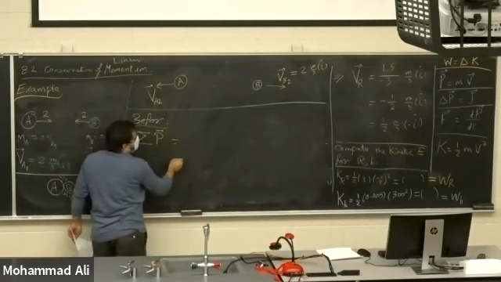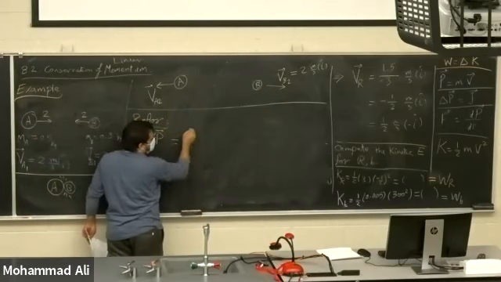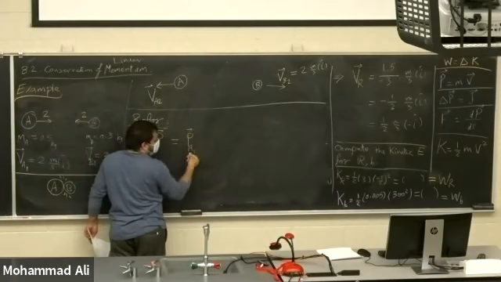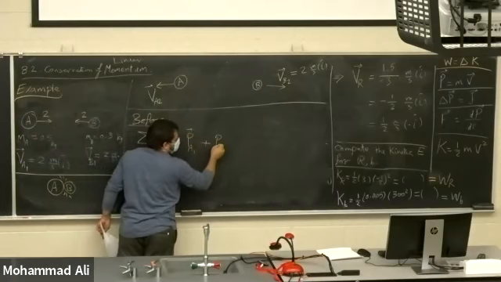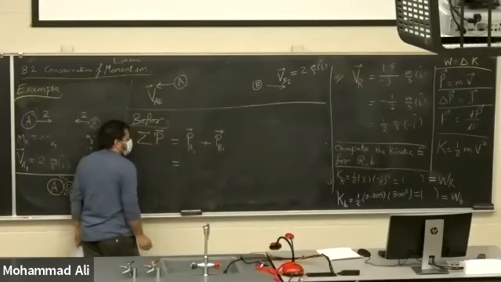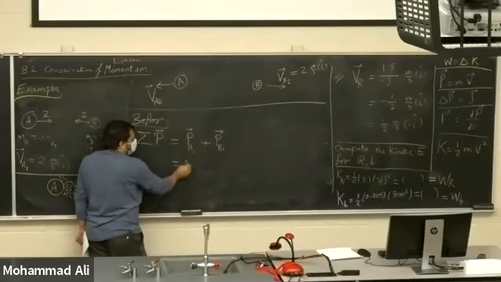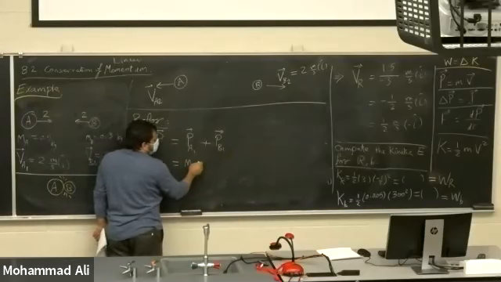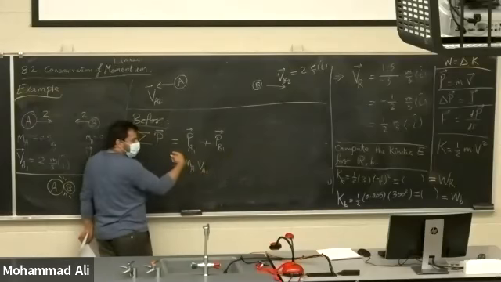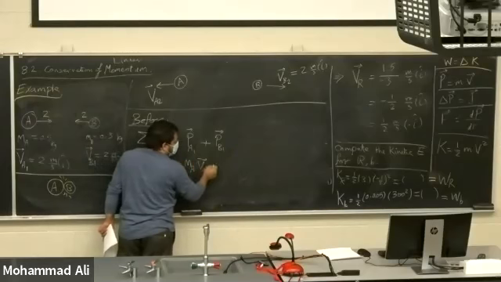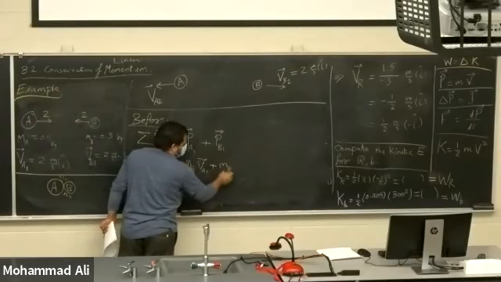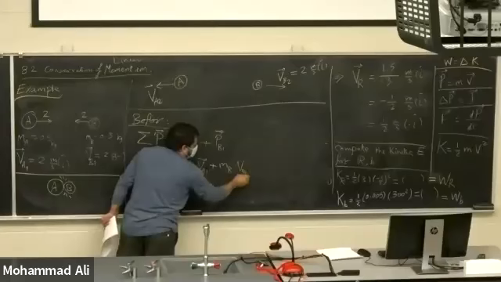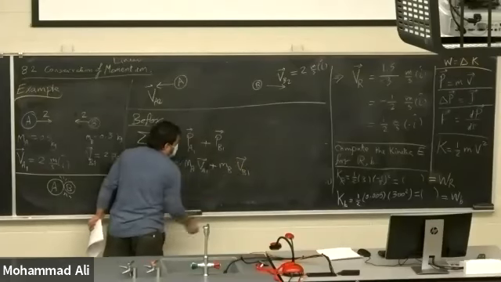It is equal to P for A before plus P for B also before, which is equal to M A V A1, where 1 means before, plus M B V B1, before.